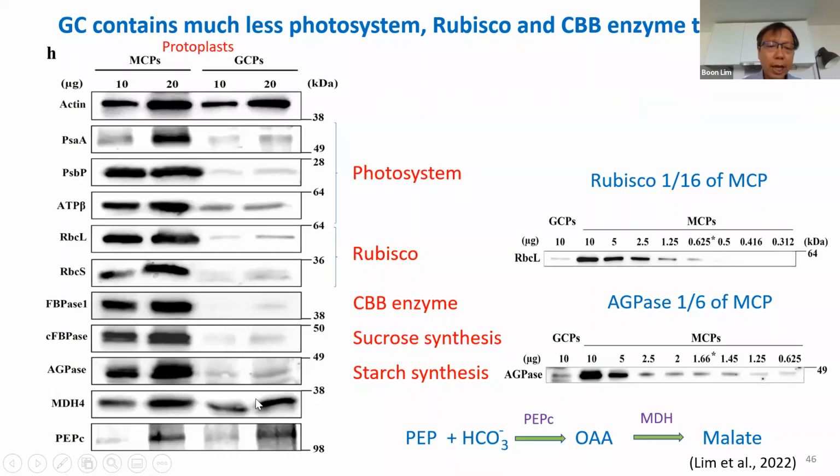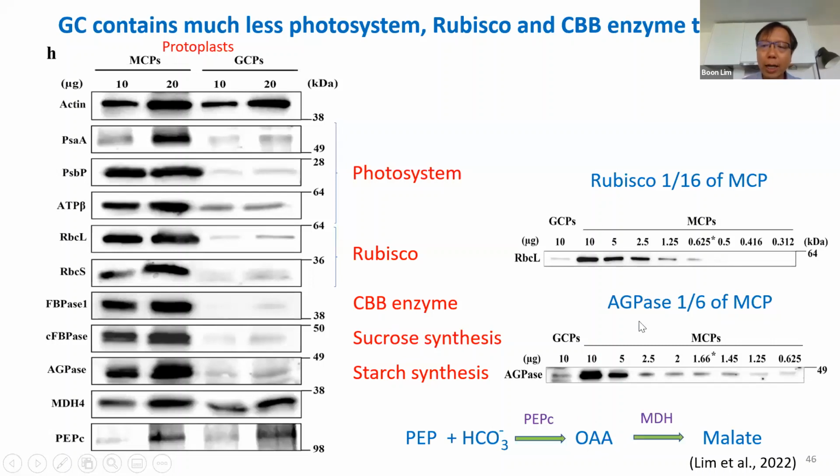But it has a comparable amount of PEPC and MDH compared to the mesophyll. PEPC can fix CO2 into OAA, and MDH can convert OAA into malate.